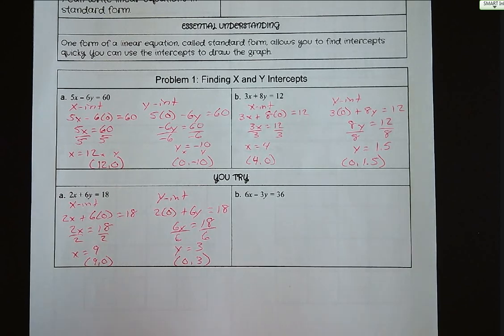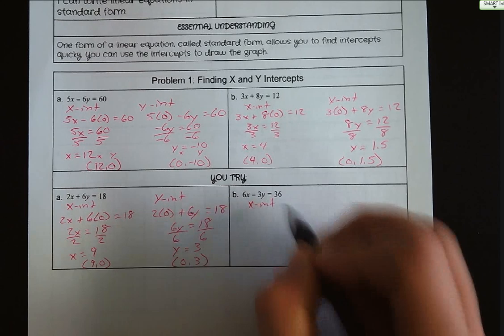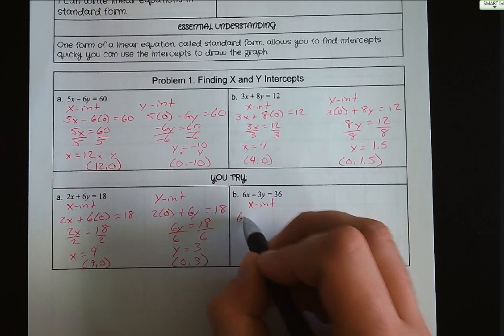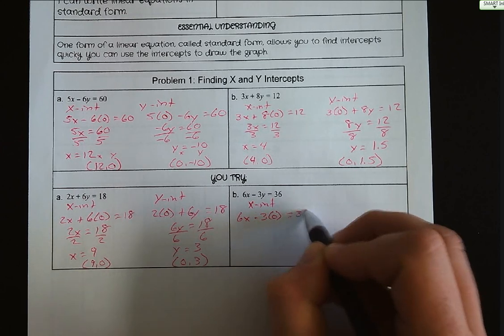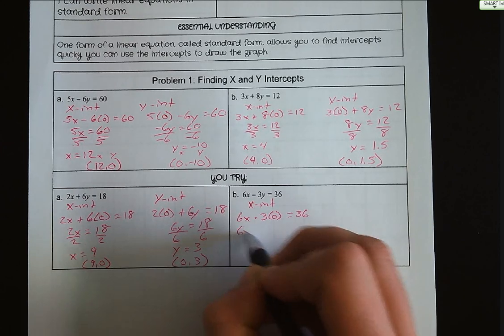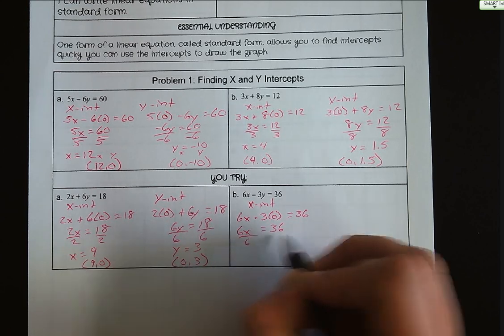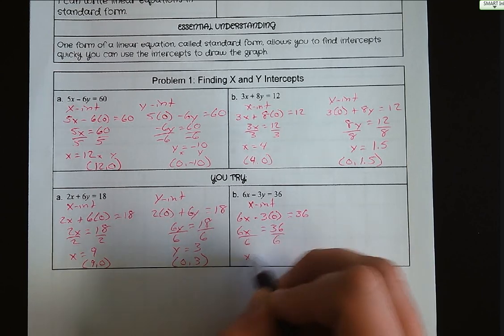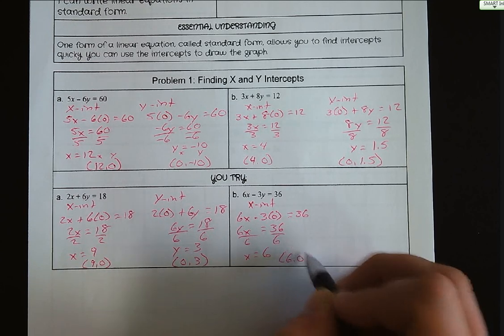All right, switching up, letter B, we're going to use our x-intercept. So we plug in 0 for y. 6x minus 3 times 0 is equal to 36. So we have 6x equals 36. Divide both sides by 6. And x equals 6. So our coordinate is at 6, 0.